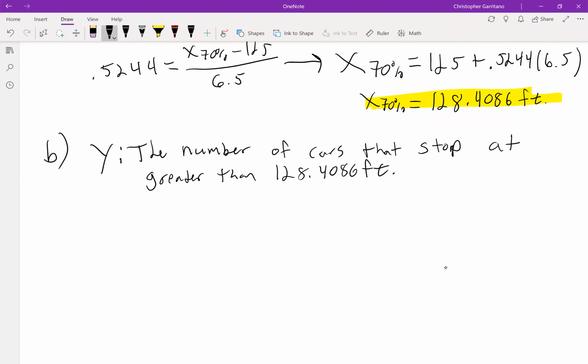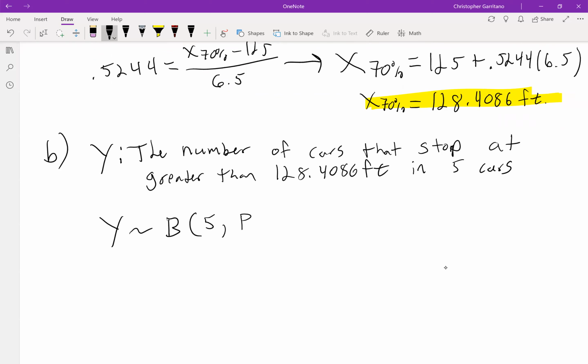And of course, since we're counting the number of successes out of 5 cars, we want to say that Y is going to be distributed binomially with 5 independent trials, and with the probability of success being p.